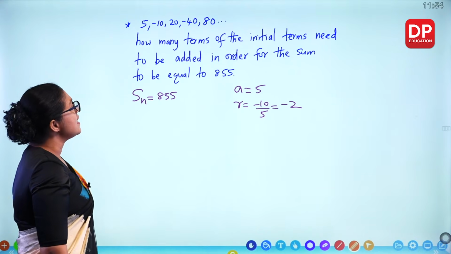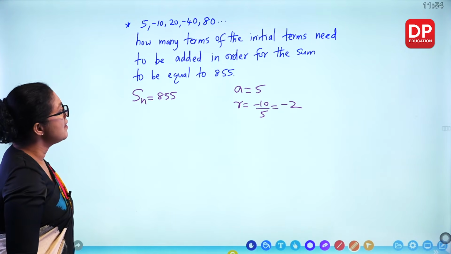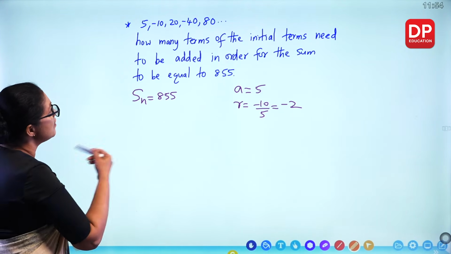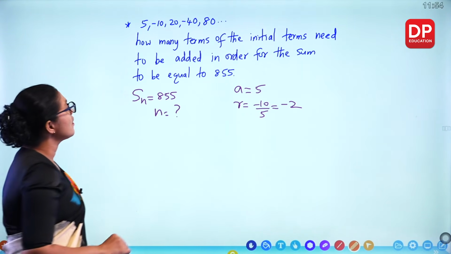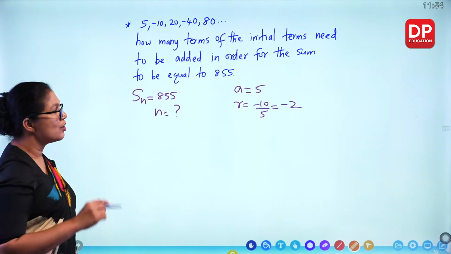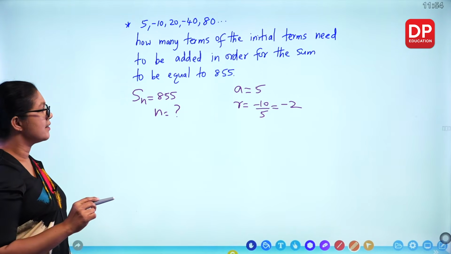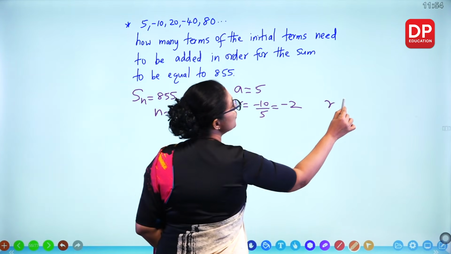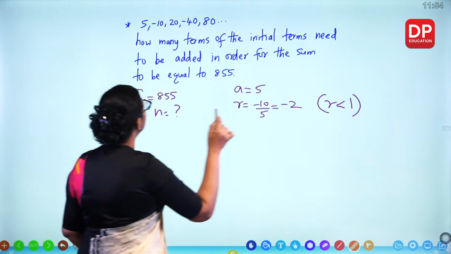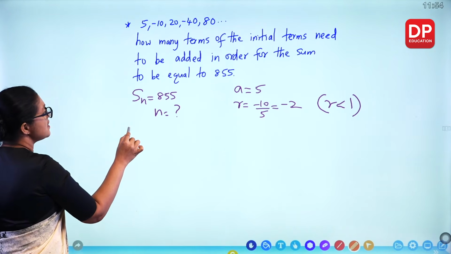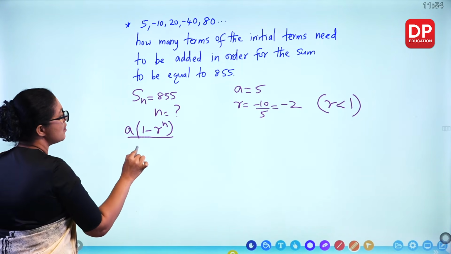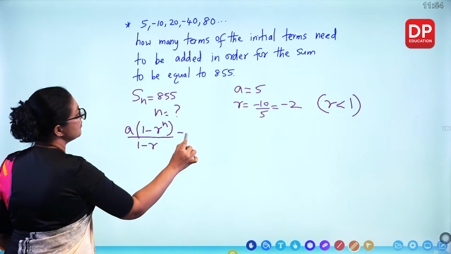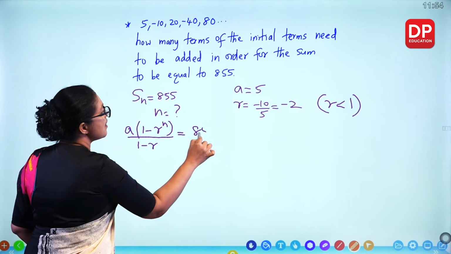So Sn is 855 and you need to find n. Now what do we do? R is less than 1, so you use the correct formula. Sn equals A times 1 minus R to the power n over 1 minus R. That's 855.